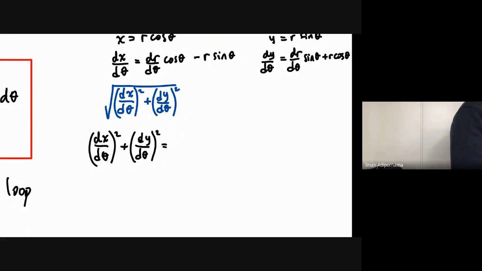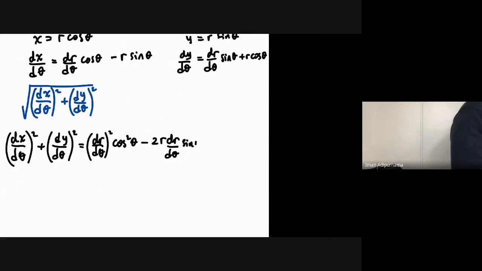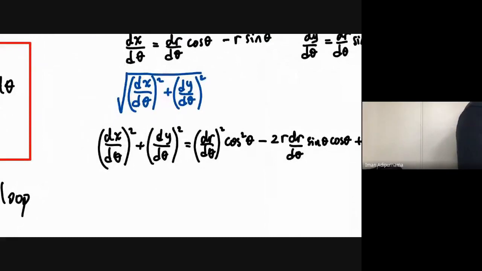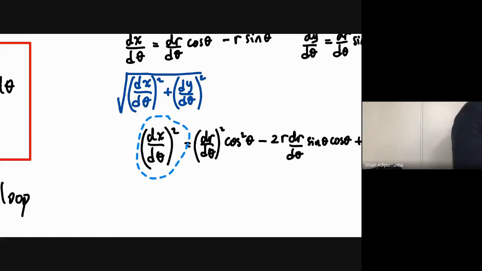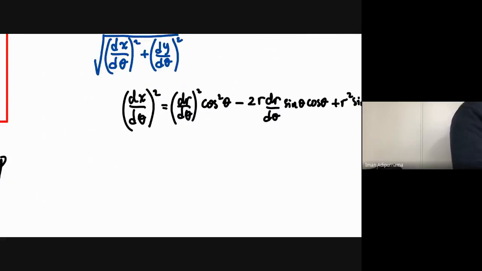The results will be dr d theta squared times cos squared, minus 2r dr d theta sine theta cos theta, plus r squared sine squared. Let me just write dx over d theta first. But if you already have it right, that's okay. You can adjust my writing.